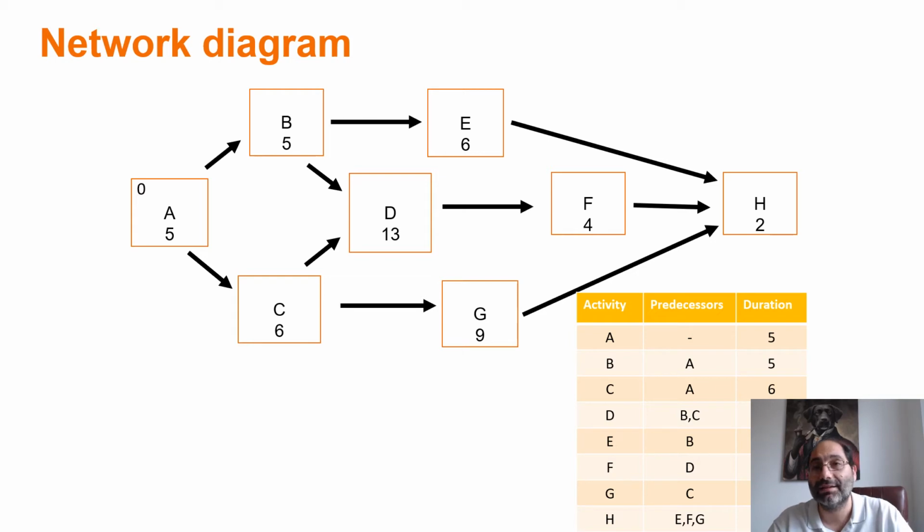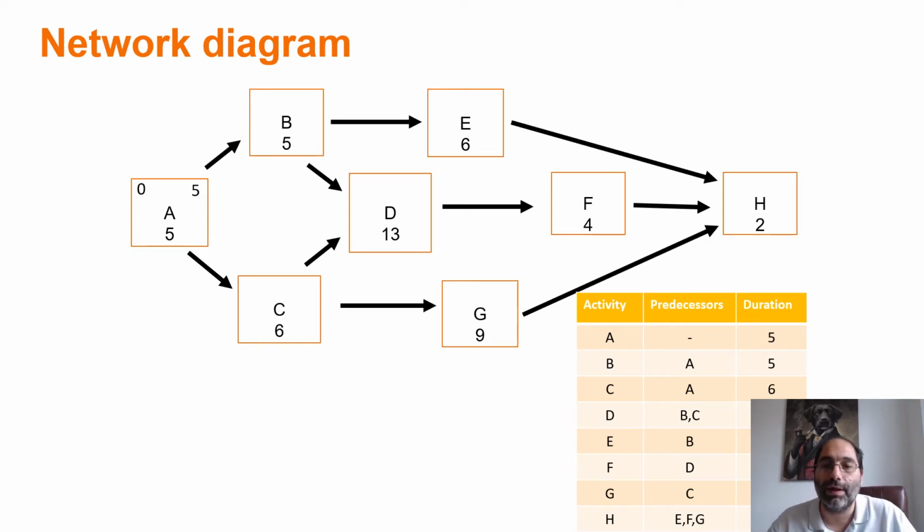I can start the first activity immediately, so the early start is always 0. If the duration of task A is 5 and the early start time of A is 0, then the early finish time of A is going to be 0 plus 5 equals 5. So the early finish of A is 5.